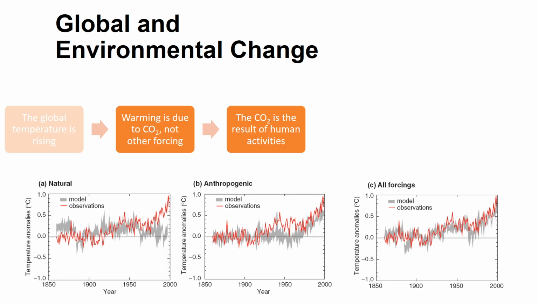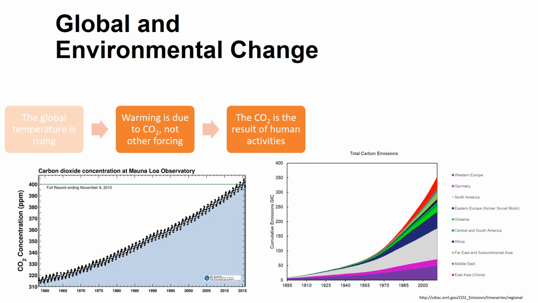So the next step is to ask where that carbon dioxide comes from. Is that from us, or is that just some natural thing that has happened? This is the point where we can look at the observations of CO2 and link those to our accounting of how much fossil fuel we have burned, by basically writing down when we turned our power stations on, when we made concrete and all that kind of stuff, and accounting for where that carbon has gone.